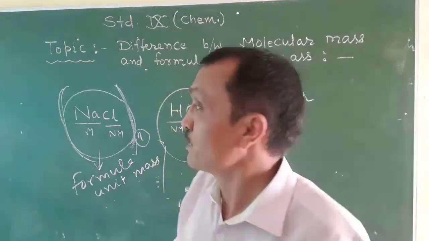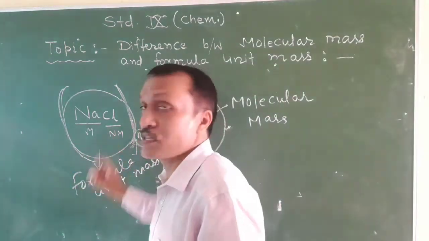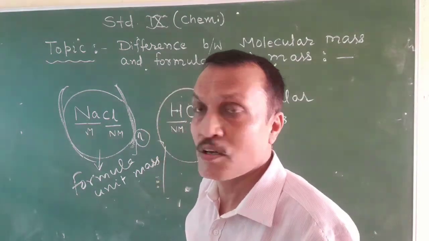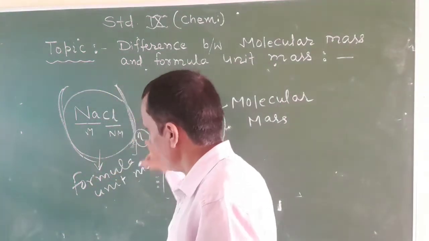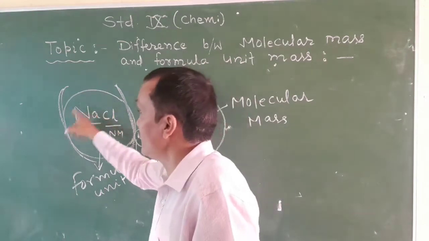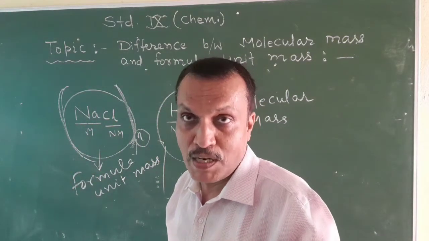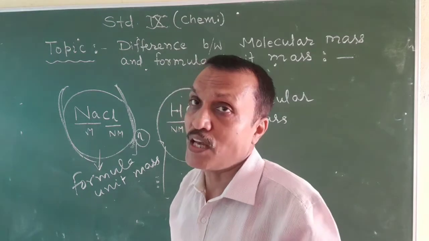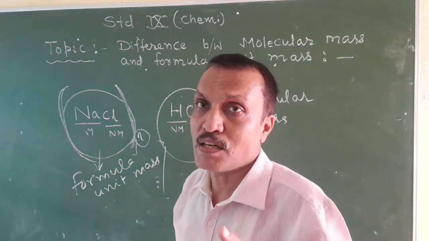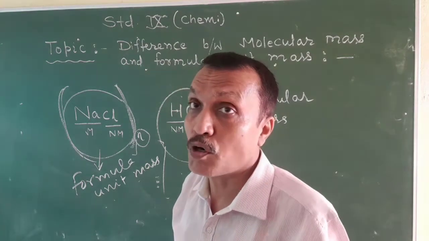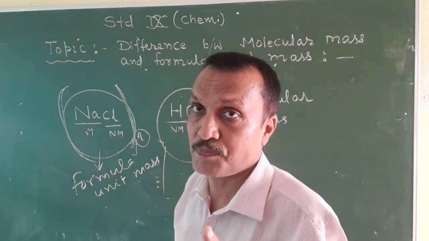That is why, to calculate its mass from its lattice, one unit is taken out and the mass is calculated, and that is why that mass is read as formula unit mass.